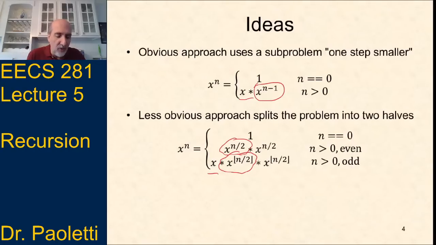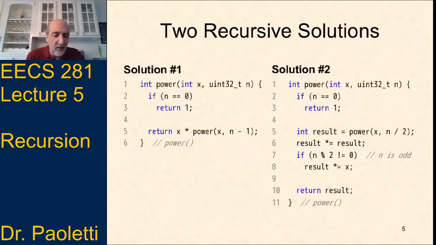And notice we showed in here specifically the floor of n over 2. Now really, when we do code, most programming languages that deal with integers do integer division. So C++, C, Java do integer division. So there are our two solutions.